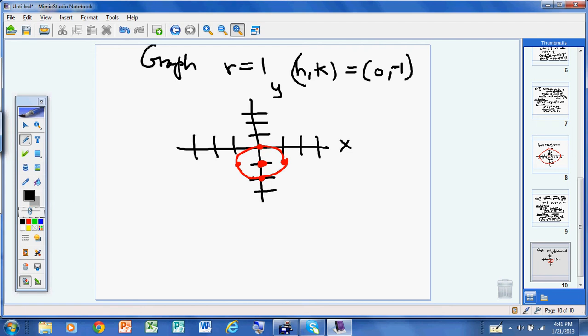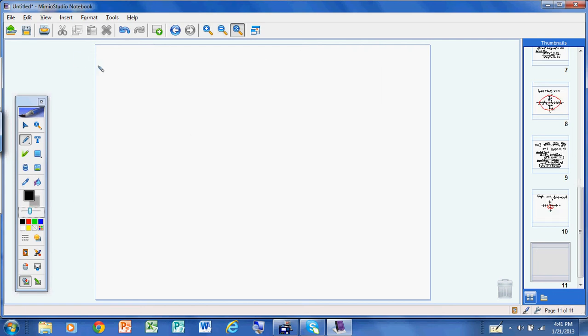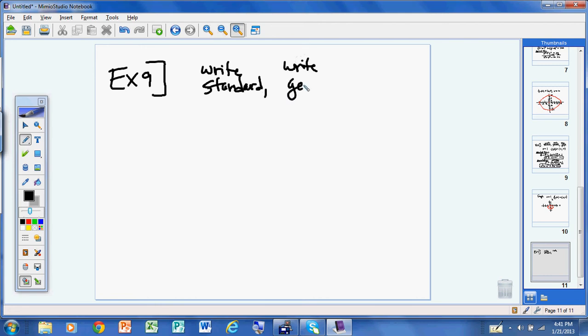Let's go now to example 9. Example 9, once again, is asking us to write standard form, write general form, and then graph.